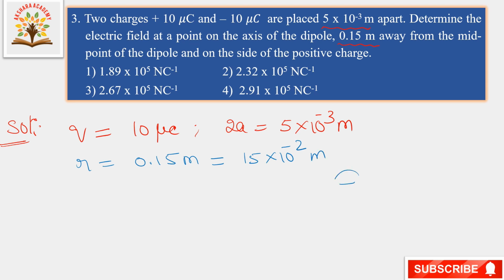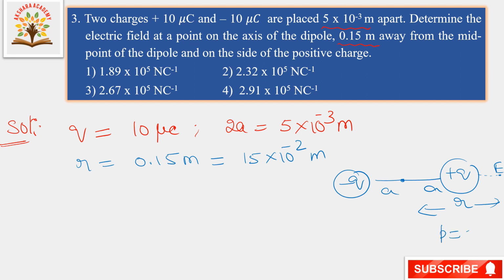See, this is a charge, separated by the distance 2a, and it is away from this point. So p is equal to 2aq.